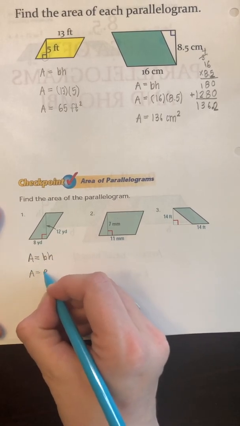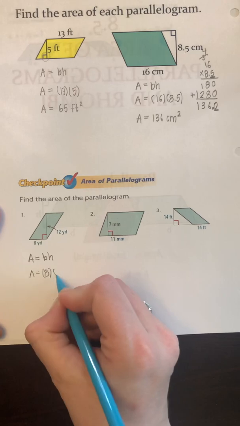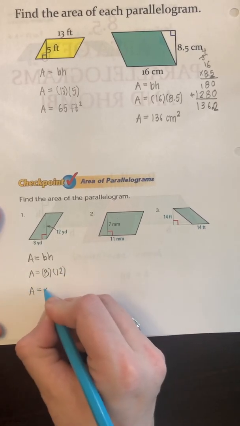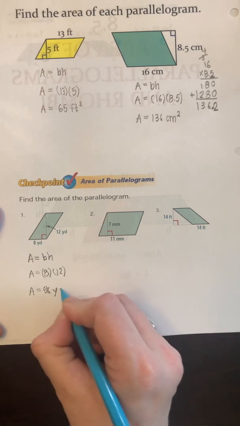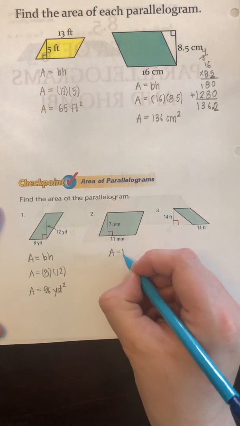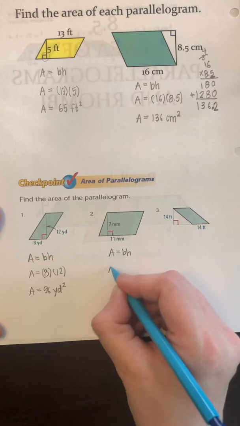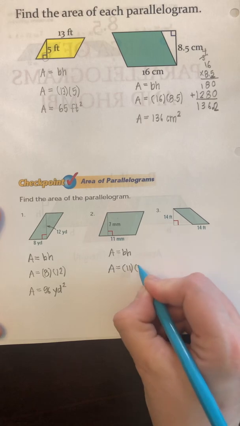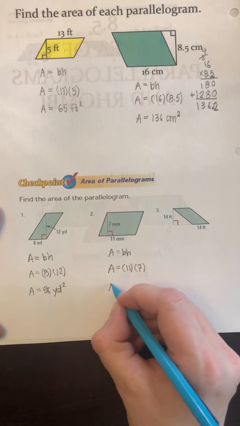My base is 8. My height is 12. 8 times 12 is 96. So 96 yards squared. Let's take a look at number 2. My base is 11. My height is 7.